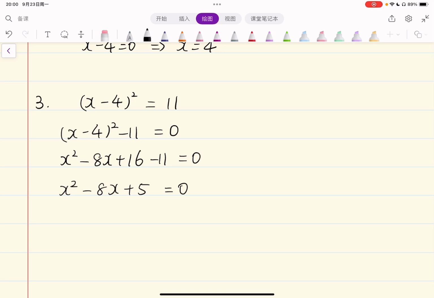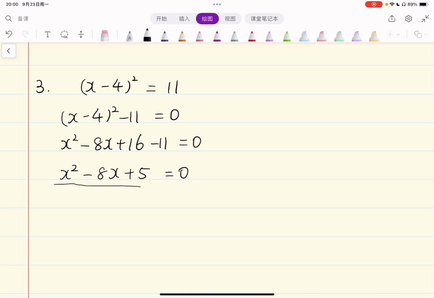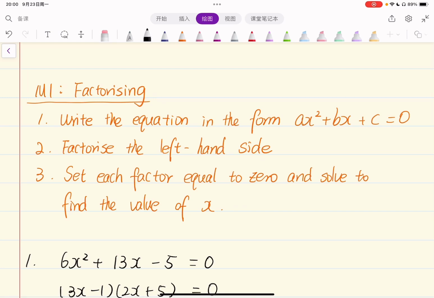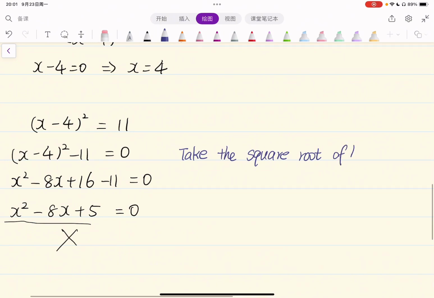After finding that we cannot factorize x squared minus 8x plus 5, we cannot use the steps I introduced above, so this one does not work. So the other way is to take the square root of both sides.